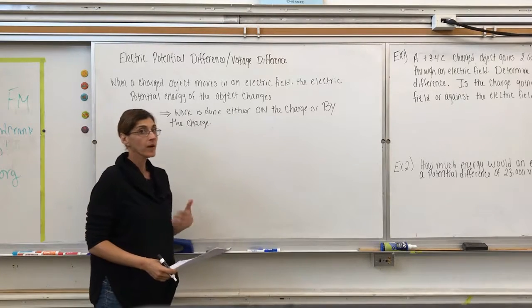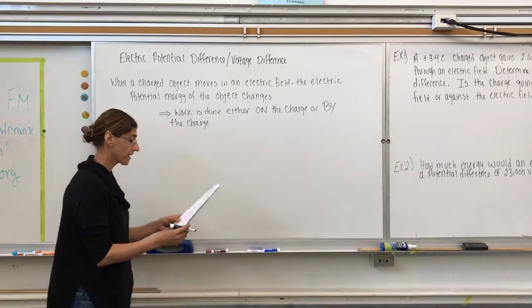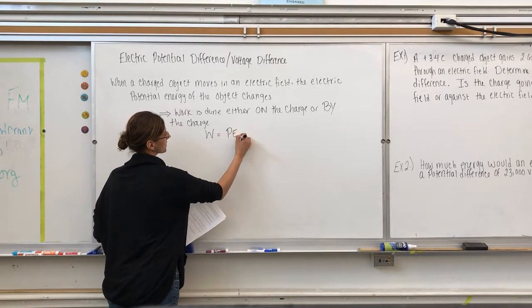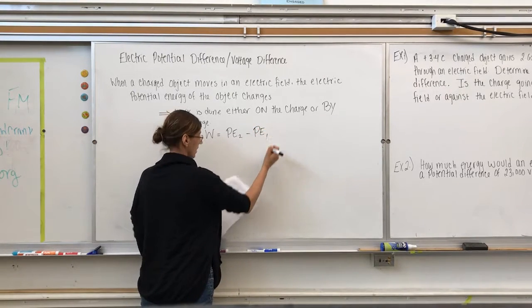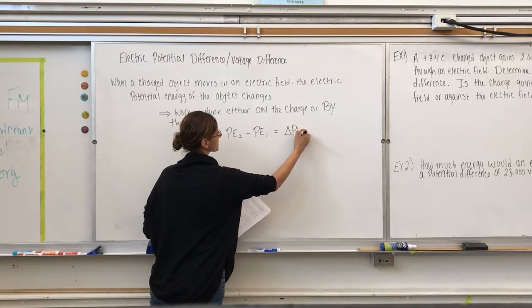Work, by definition, is a change in energy. In this case, a change in potential energy. So we can express work as the final potential energy 2 minus potential energy 1, or we can say work is equal to the change in potential energy.